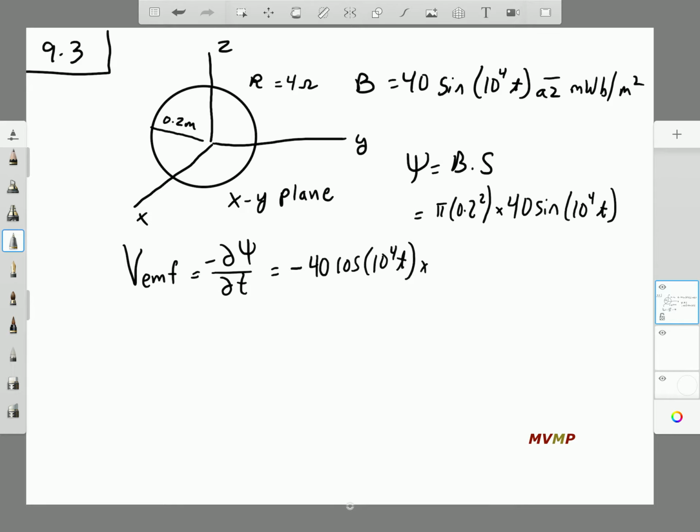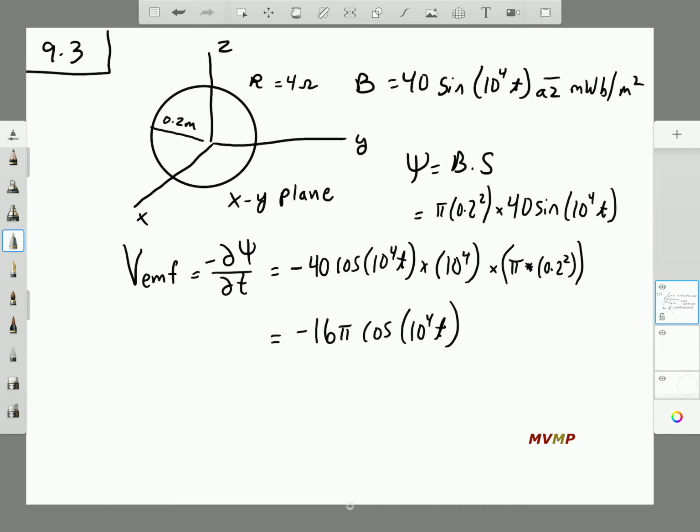Then we take the derivative of inside the parentheses. 10 to the 4t is just 10 to the 4. We multiply that by pi r squared, and what we get is negative 16 pi cosine 10 to the 4t.